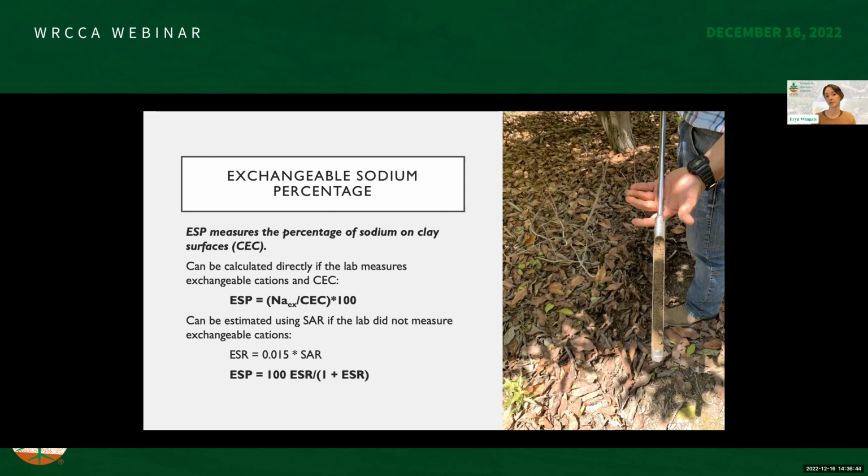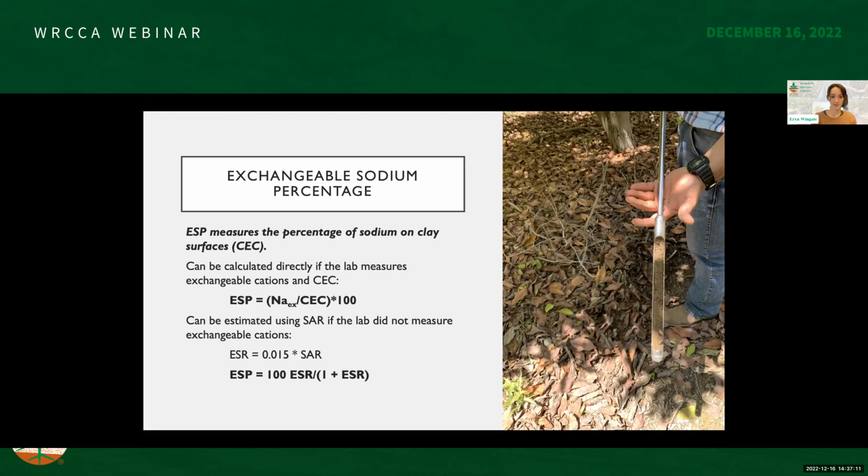And that's basically your bank account of nutrients. And in a healthy soil, we want calcium to be the dominant cation on those clay surfaces and in solution. And we get some structural degradation when sodium is becoming more and more of the dominant cation.